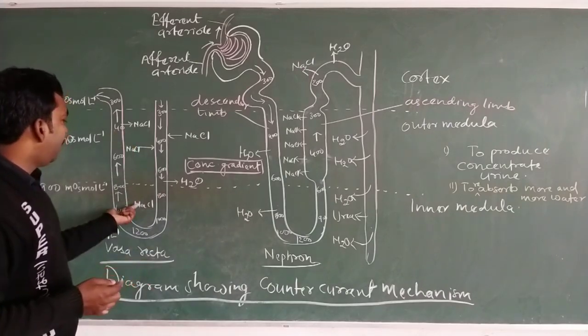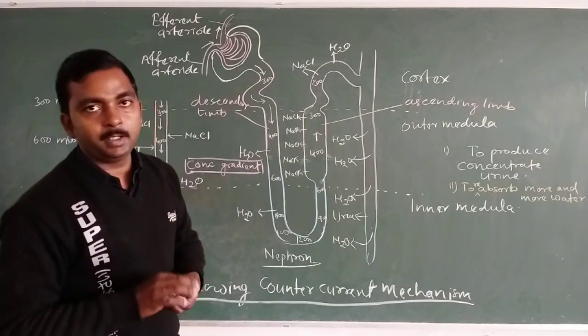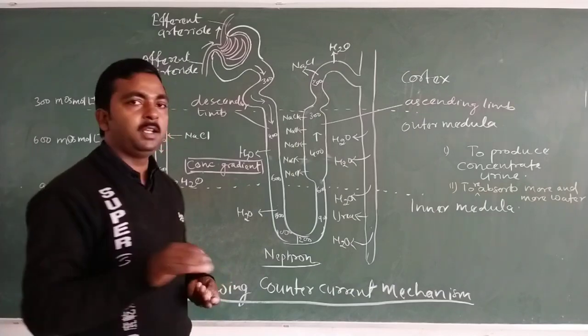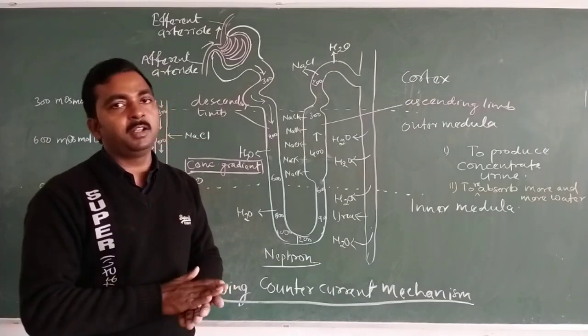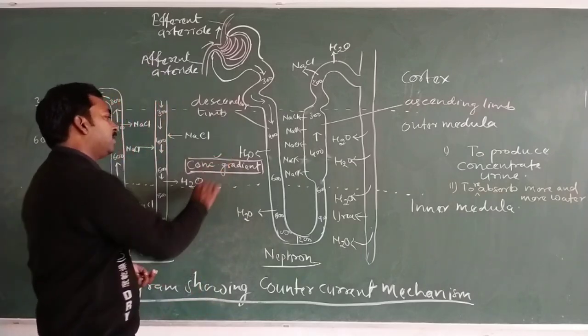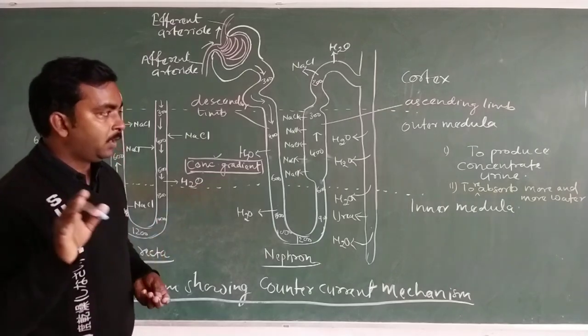So the descending limb of the vasa recta and the ascending limb of the loop of Henle together release electrolytes in large quantity, and that makes the concentration gradient of the interstitial fluid of the medulla region.